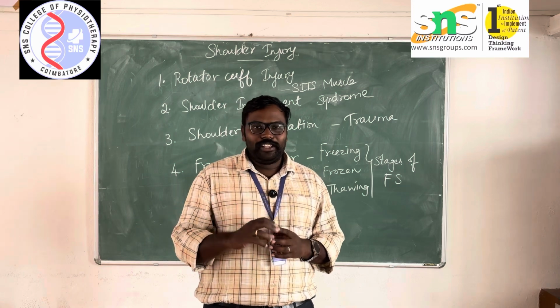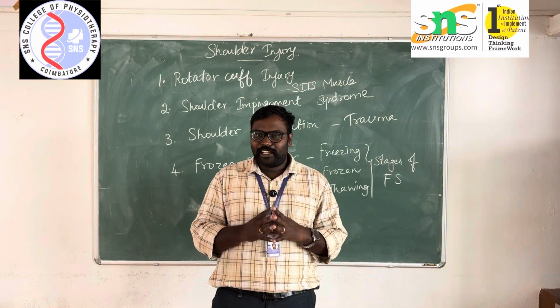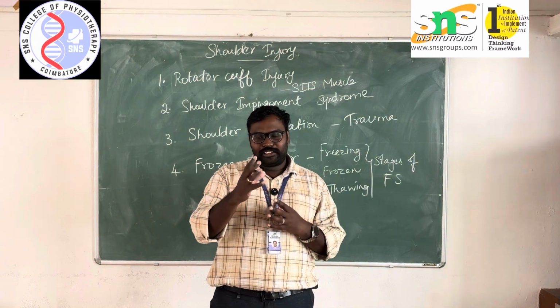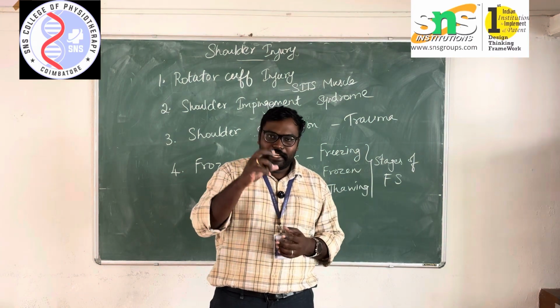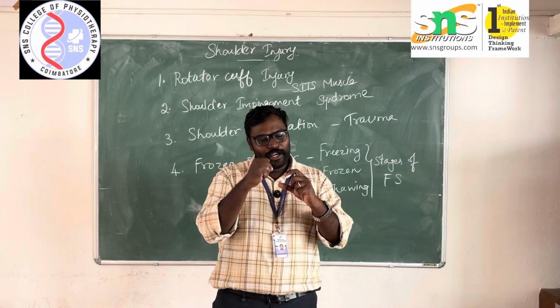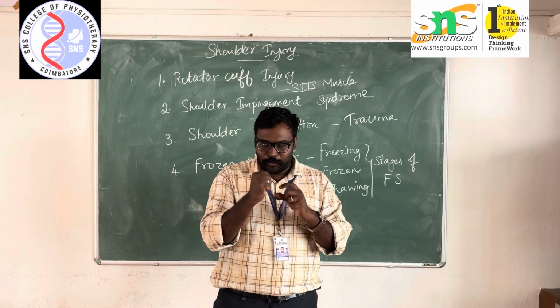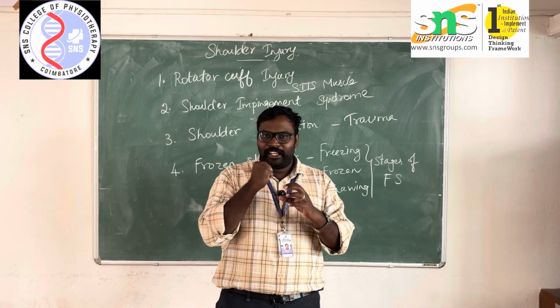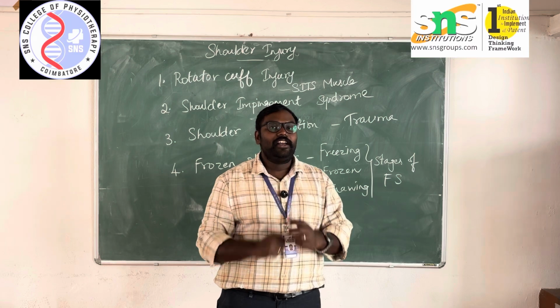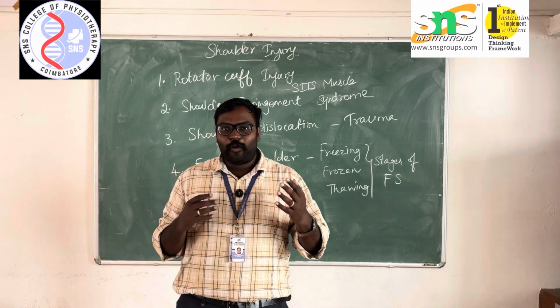Because the head of the humerus is bigger than the glenoid cavity. As I told you at the start of this video, the glenoid cavity is very small compared with the head of the humerus. All the surrounding muscle structures hold this in position. If these are weak, it will dislocate, and this is most common in older patients when they fall down.